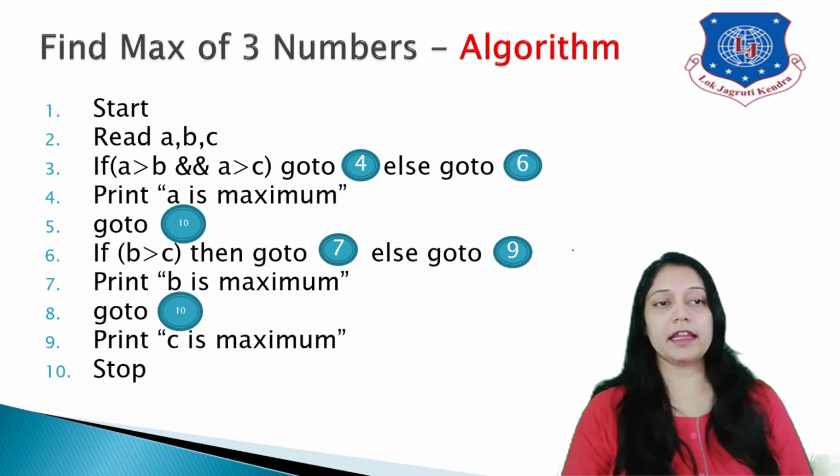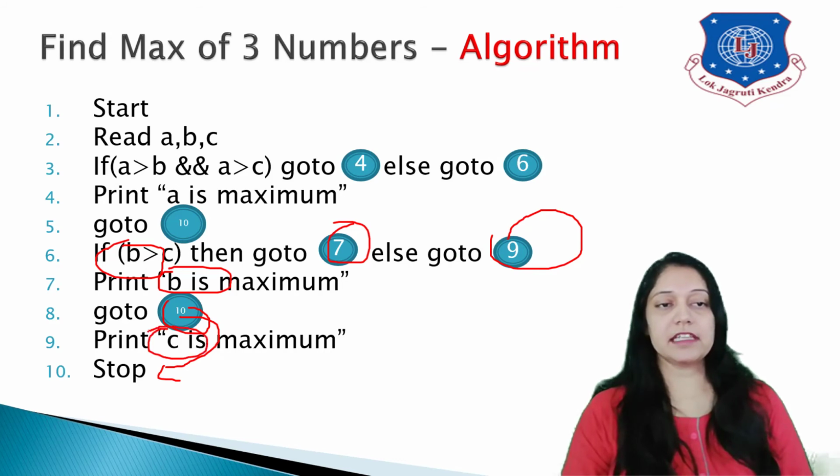In 6, I am comparing B greater than C. If the condition is true, then B is maximum is printed. Go to 10 means I'll come to stop. But if the condition is false, then I'm coming to point number 9 where C is maximum, and then again stop. So this is the way we'll write down the algorithm of the maximum of 3 numbers.